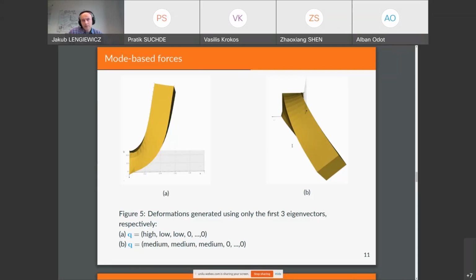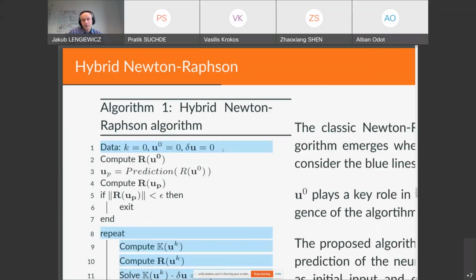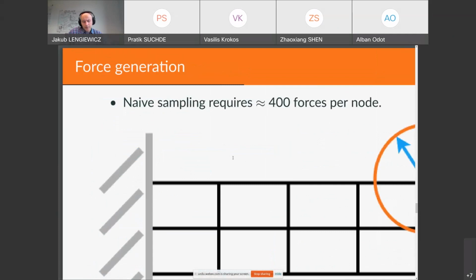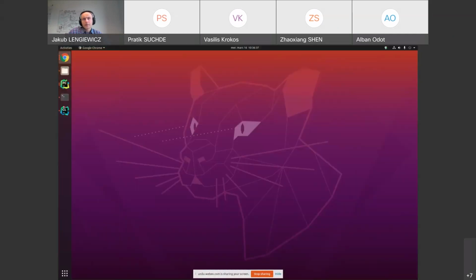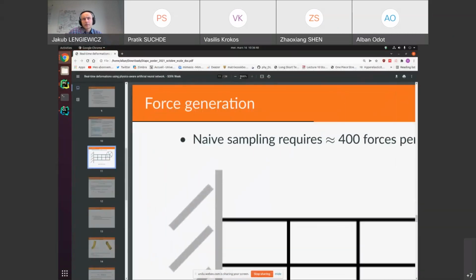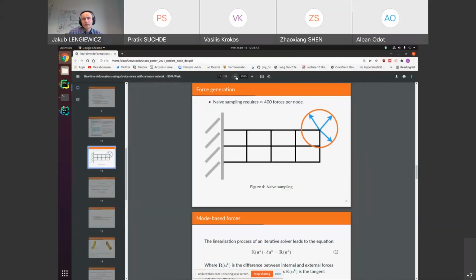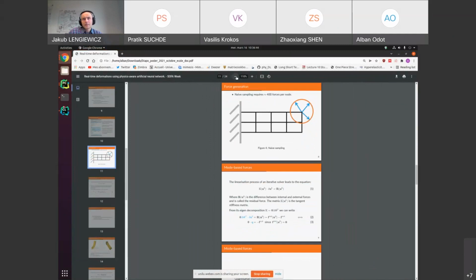And maybe if you could elaborate a bit more about this physics-aware error function that you use. It was slide 14 maybe, or 13, I don't remember.